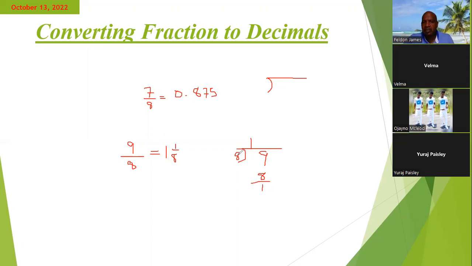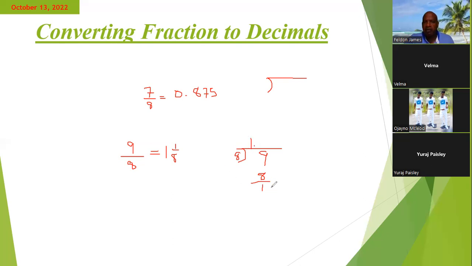So now what we're going to say next, 8 into 1. Can we get 8 out of 1? No, sir. So this part now becomes a fractional part. Because we cannot get any more whole number out of the number that remains, what we have to do now is put a point, because we already got the whole number part.